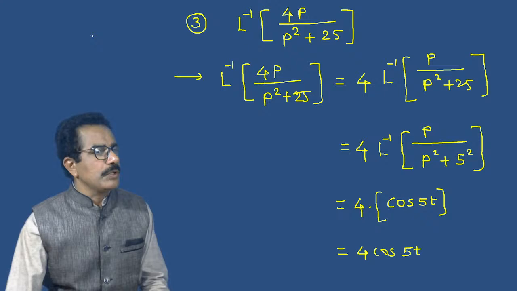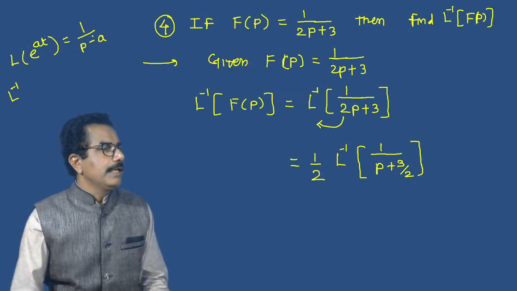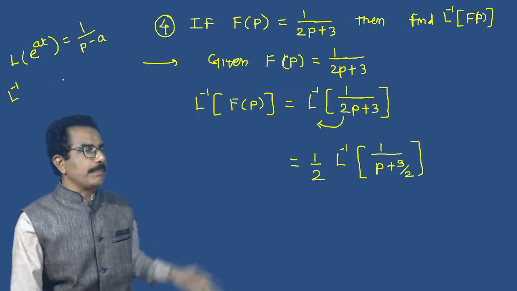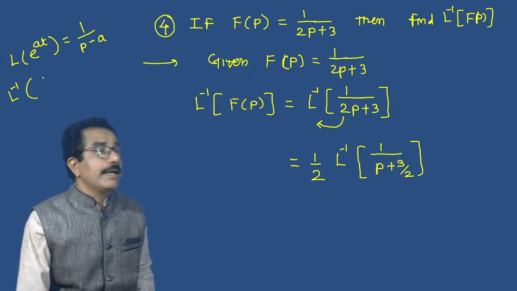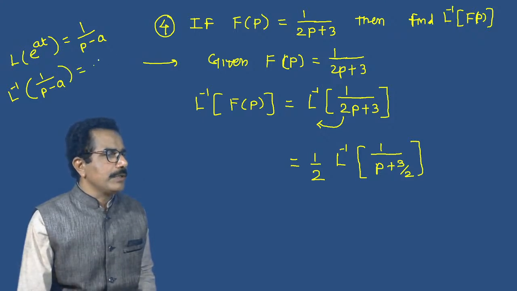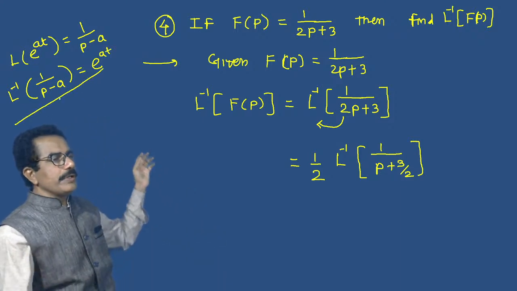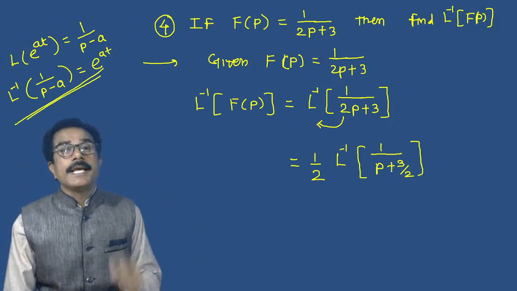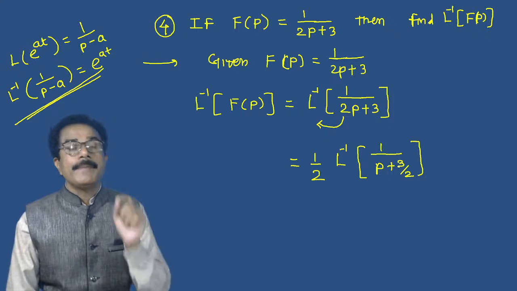So we have to use this formula here. Here a means minus 3 by 2.